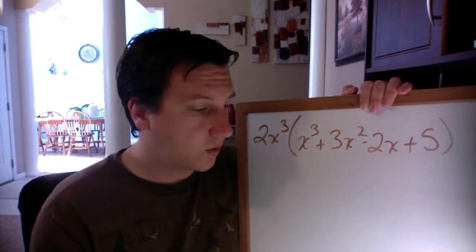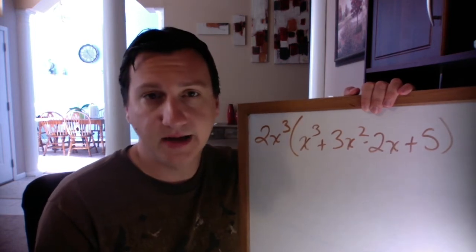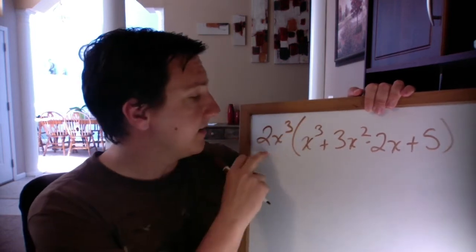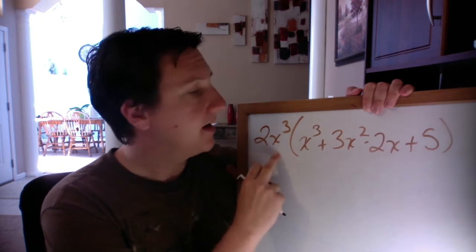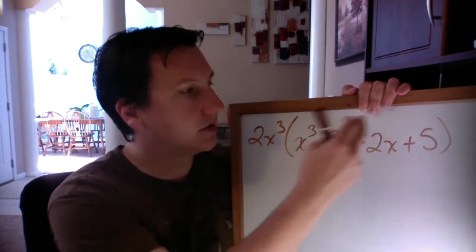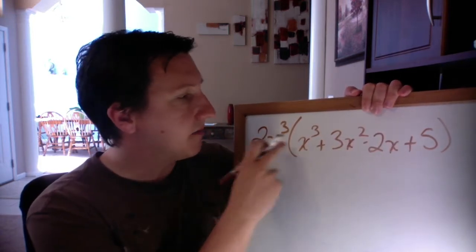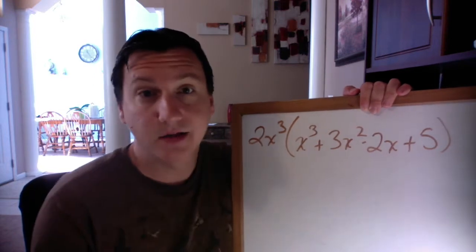We just have to find the product. It's as simple as applying the distributive property, taking this monomial and distributing it, or applying it, to each of the terms in the polynomial. So I'm going to take 2x cubed and multiply it by each term, and that's going to be my answer.